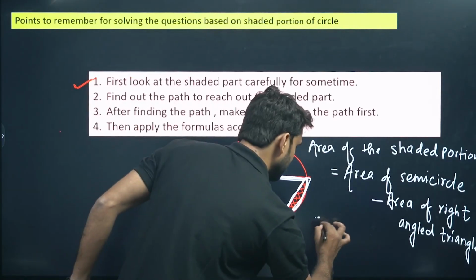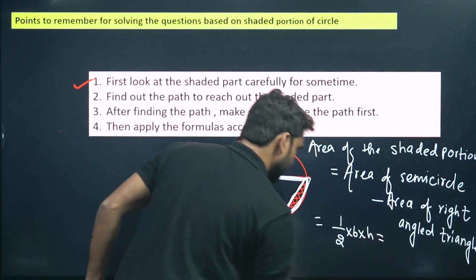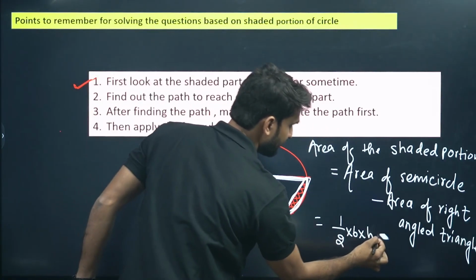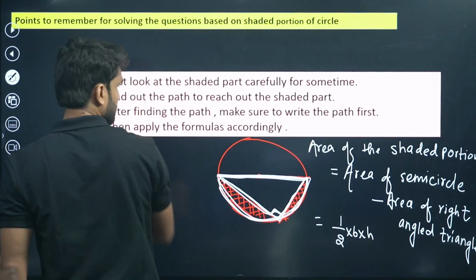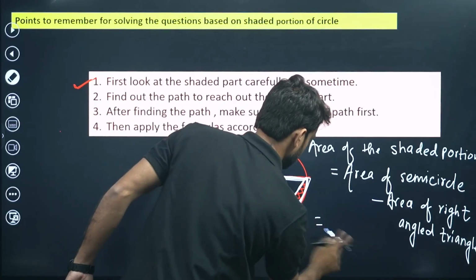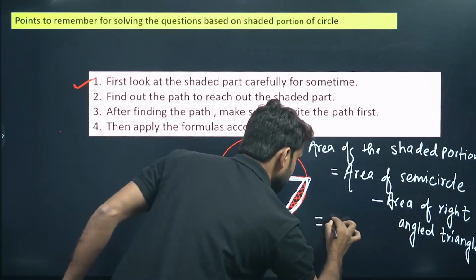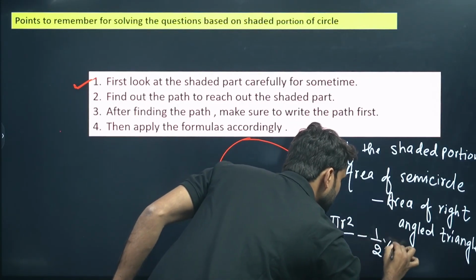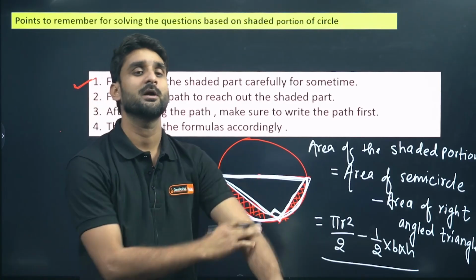The area of the semicircle is pi r square by 2, minus half base into height. By applying this formula, you can comfortably find out the area of the shaded part.